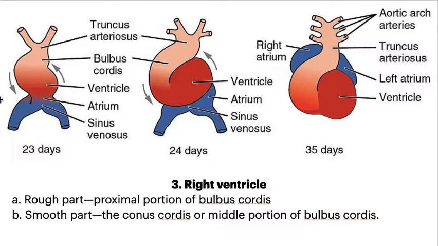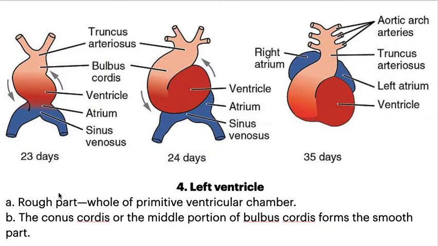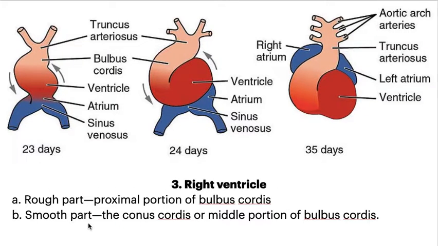Now, the right ventricle: the rough part is from the proximal portion of the bulbus cordis, and the smooth part is from the conus cordis, or the middle portion of the bulbus cordis. The left ventricle: the rough part is from the whole of the primitive ventricular chamber, and the conus cordis, or the middle portion of the bulbus cordis, forms the smooth part, like in the right ventricle also.